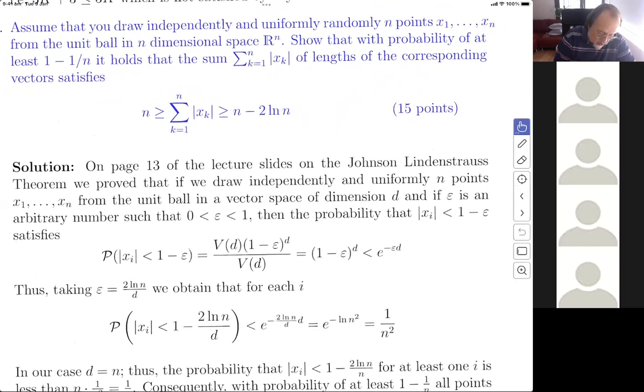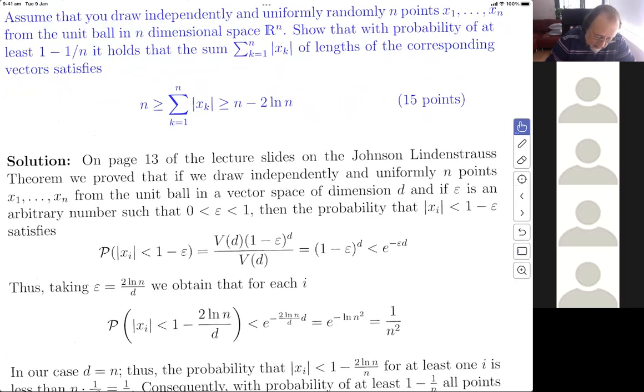So assume that you draw independently and uniformly, randomly n points, x1 up to xn, from a unit ball in n-dimensional space Rn. Notice this is a little bit different, because we usually draw much fewer points than the dimension of the space.